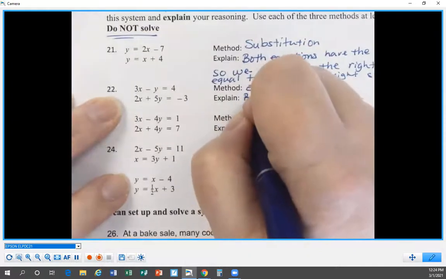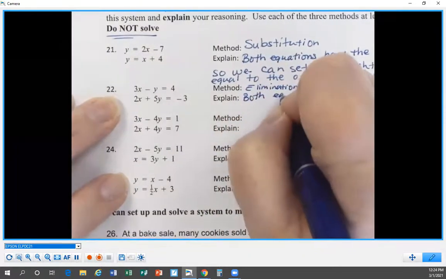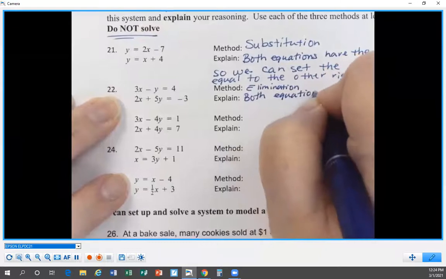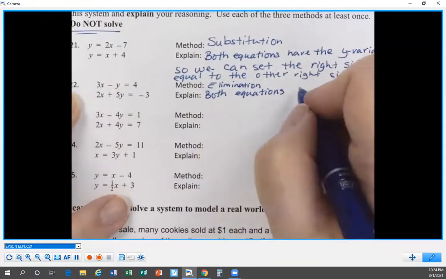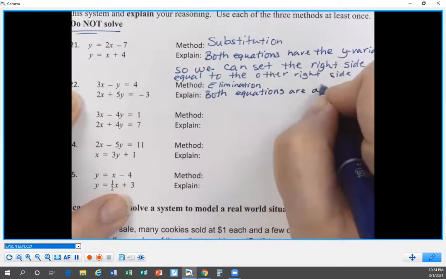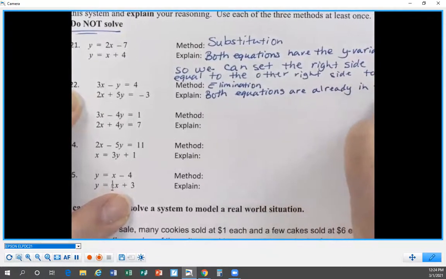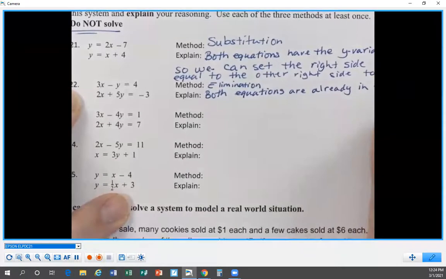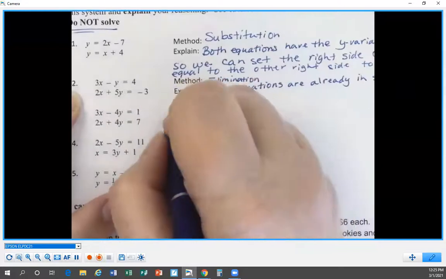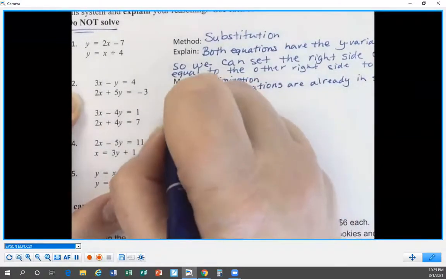So both equations are already in standard form, making it easy to cancel out a variable.